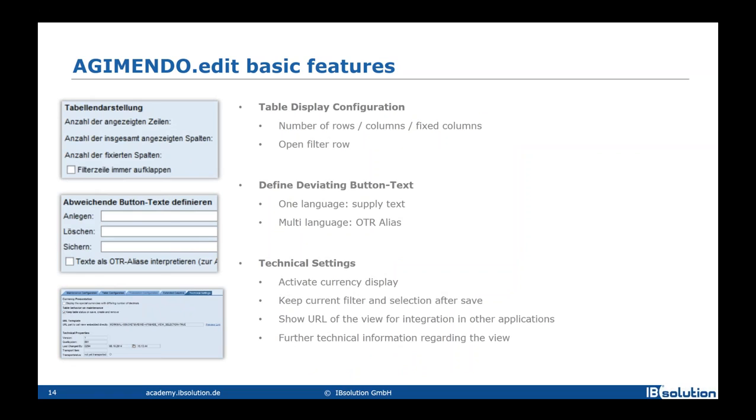There are options to configure your view as you see fit, which is the number of rows, number of columns, fixed columns, or columns that even when you scroll on the side will still be visible.